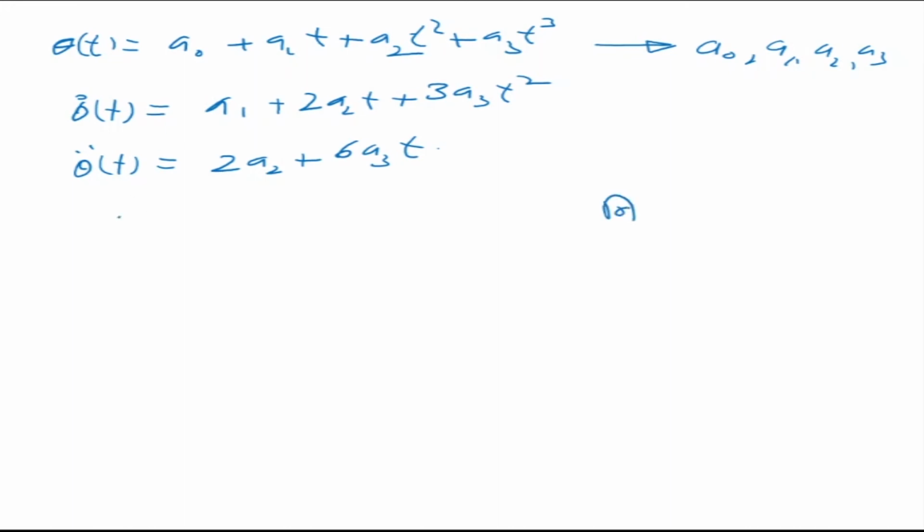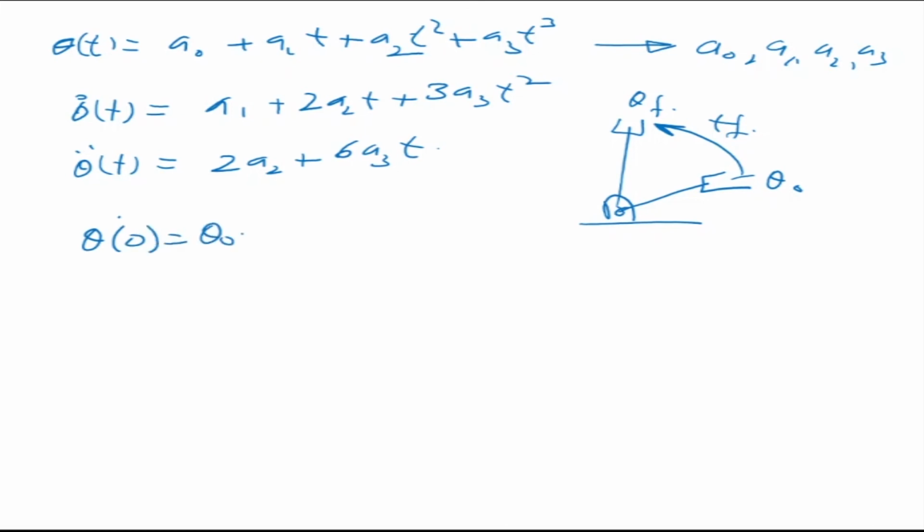When we looked at this manipulator, let's take the example of a single link manipulator. It is moving from this position to this position in time tf. At the start position, at t equal to 0, it is at theta naught. When it has reached the final position, at time tf, the position is theta f.